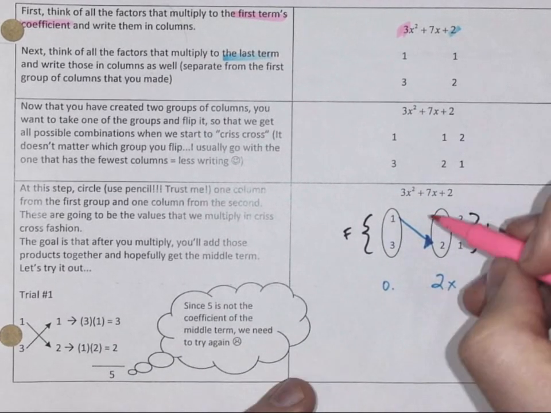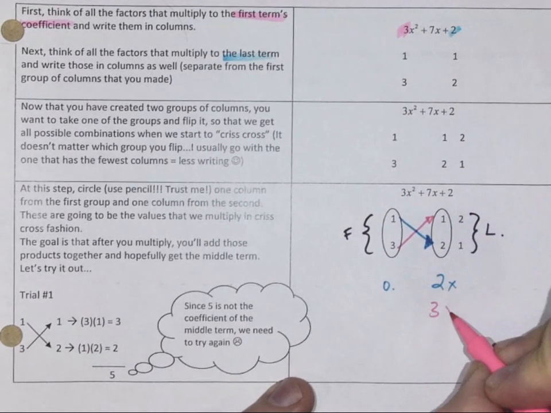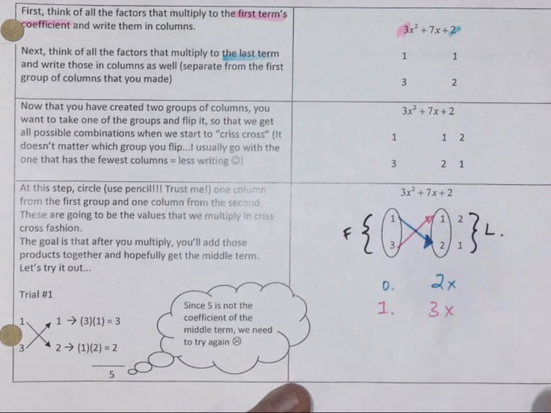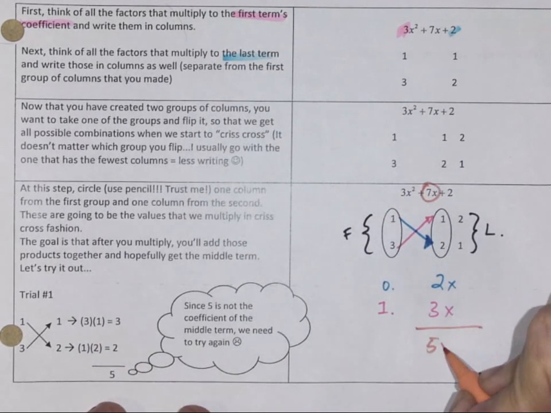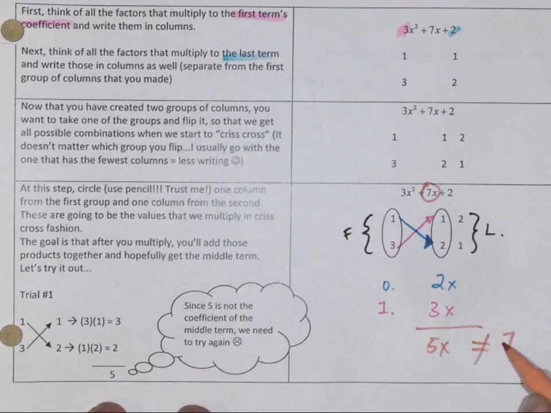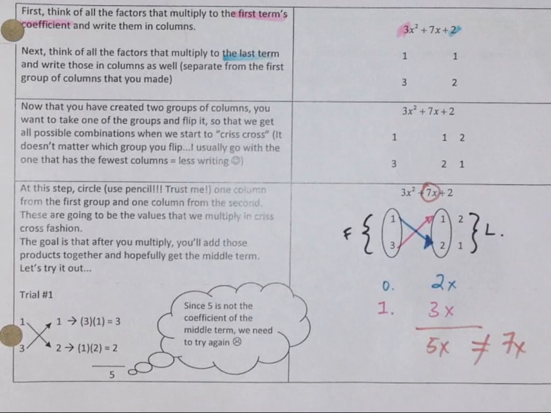I would then crisscross and go 3 times 1, and 3 times 1 is 3, and they're x's, and that would be the I in our FOIL. And now the whole point is that we want it to equal 7. And 2 plus 3 is 5 x's, which does not equal 7 x's. So you know what? That column is no good. We didn't find our match there.